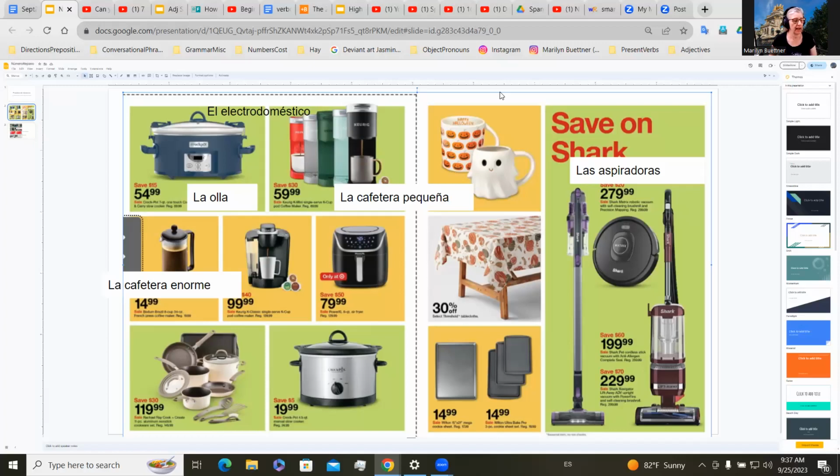Por ejemplo, el electrodoméstico que cuesta $99.99. ¿Cuál es? ¿Cuál es el electrodoméstico que cuesta $99.99?